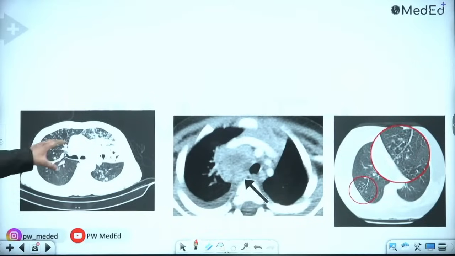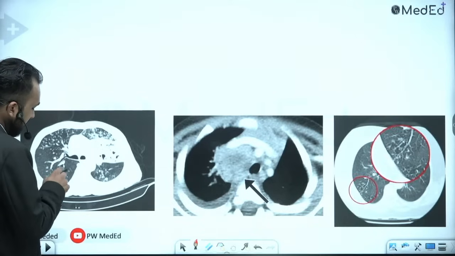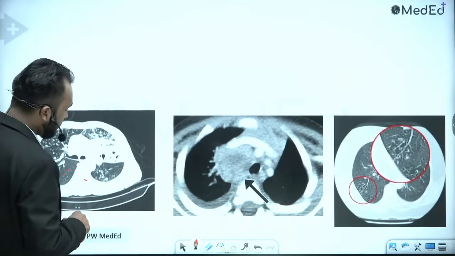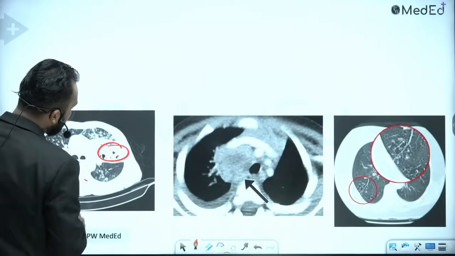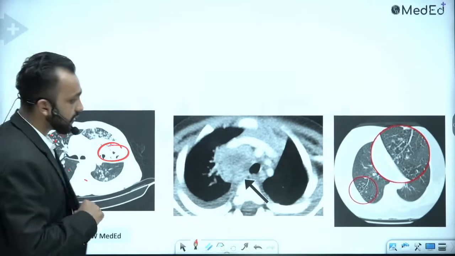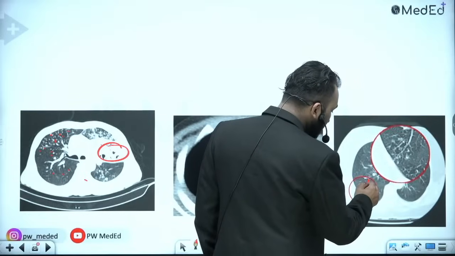So let us have a look at these lesions now. The patient with TB will come with complaints of fever and weight loss. You will see areas of consolidation and you will see multiple nodules. Centrilobular nodules will be seen in this patient, and these centrilobular nodules give a tree in bud appearance.